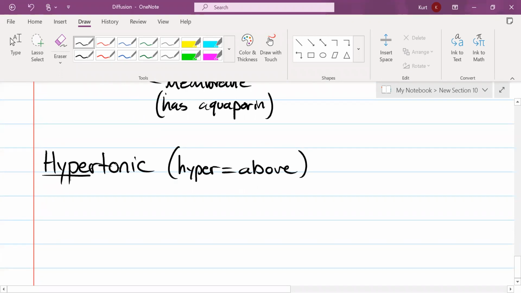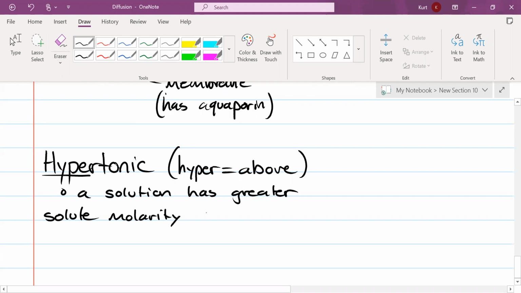It's the solution that's hypertonic, not the cell. A solution has greater solute molarity than a cell.